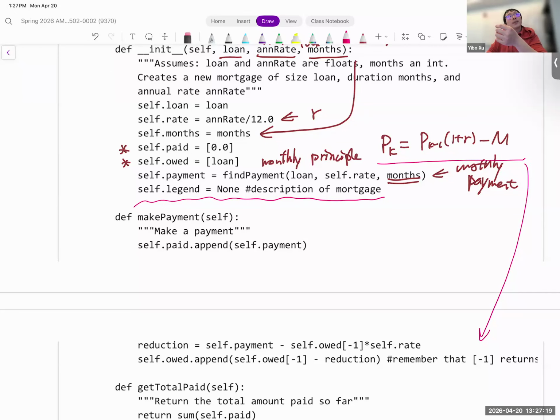The first one is going to be constant throughout. The second one would be decreasing.